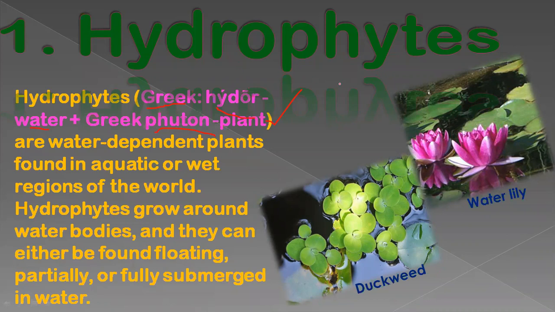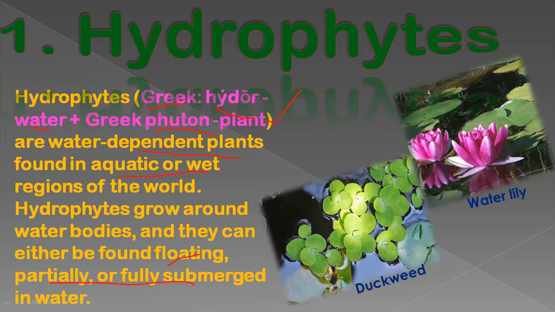So these are the plants which live in water. They are water dependent plants and are found in aquatic or wet places, but conditions can be different. They can be floating plants, or they can be partially or fully submerged in the water. So there are different availabilities for them.